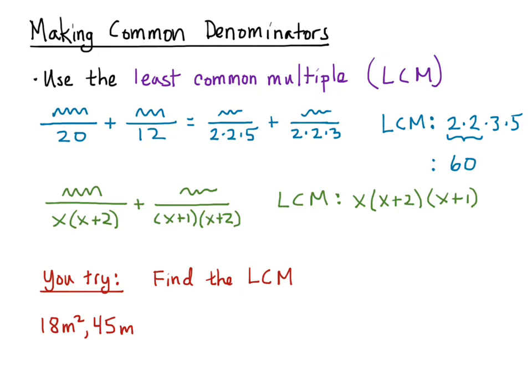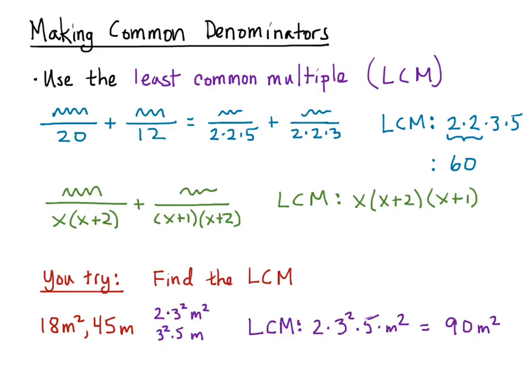So my least common multiple is going to be, take my common factors, so that's 9 times m, and then take all the unique factors, 2 times 5 times m. And so this is going to be 9 times 2 times 5 is 90, m squared. Okay?